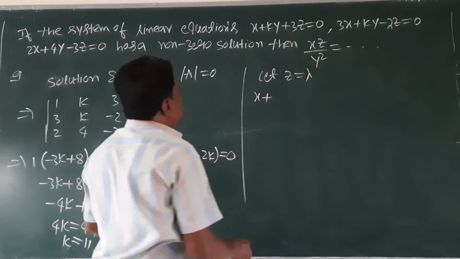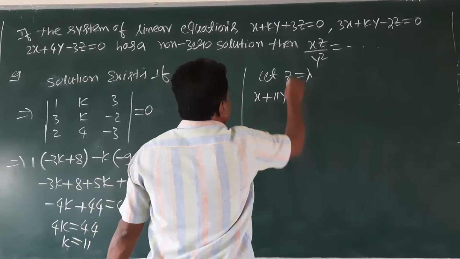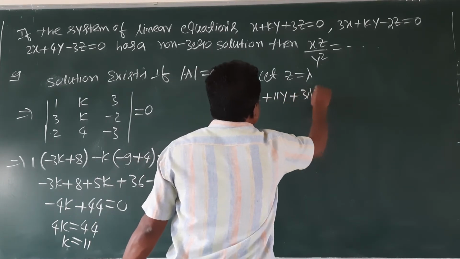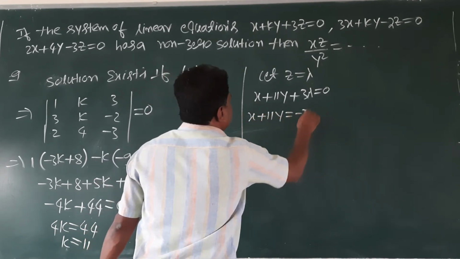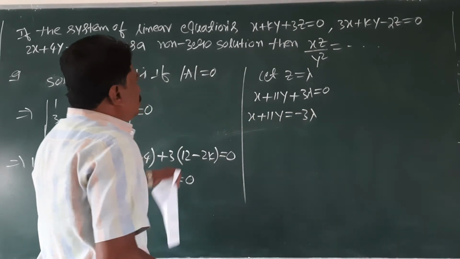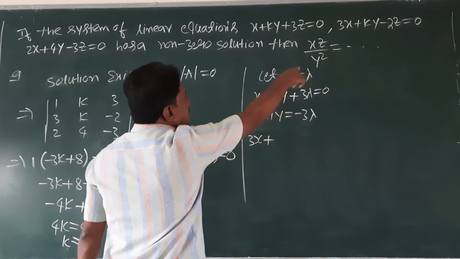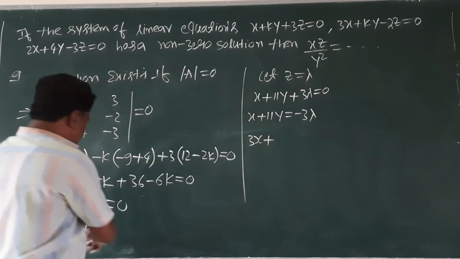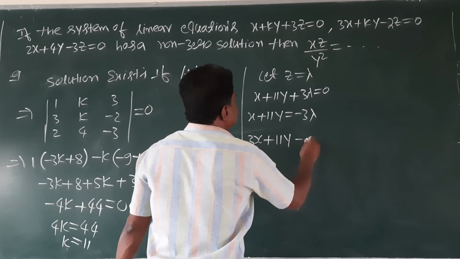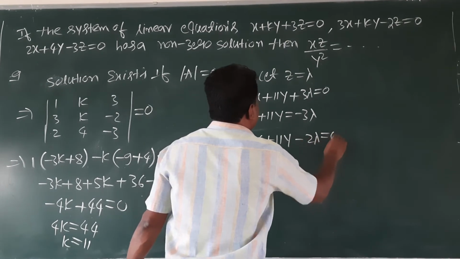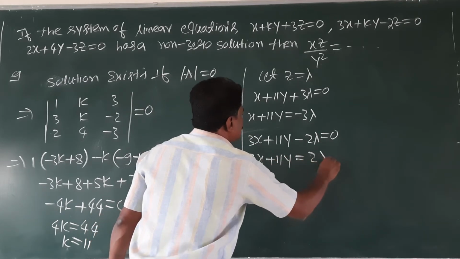Take the first one: x + ky + 3λ = 0, with k = 11, so x + 11y = −3λ. Next, take the second equation: 3x + 11y − 2λ = 0, so 3x + 11y = 2λ.